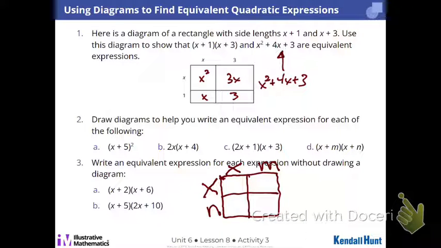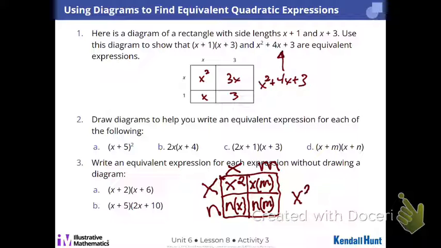Not the order I would have done it, but it's still good. So x times x is x squared. x times n is nx. n times m is nm. x times m is xm. So we're going to have 4 terms here.